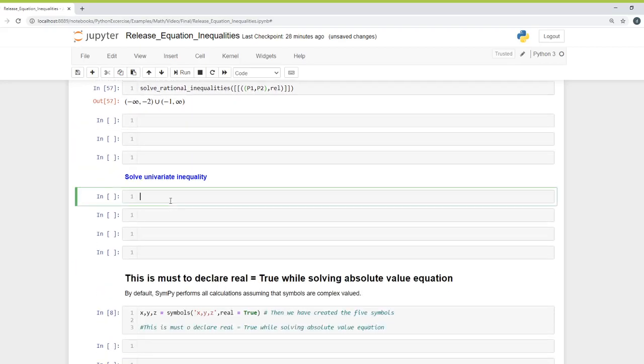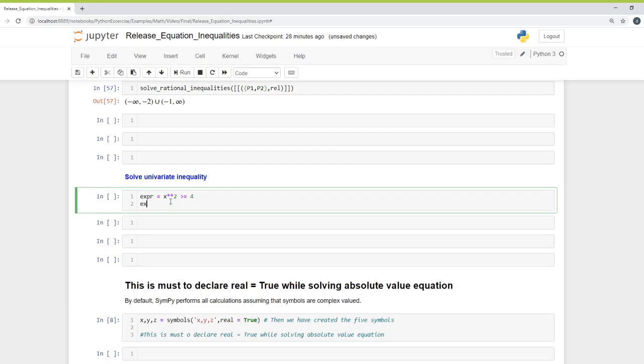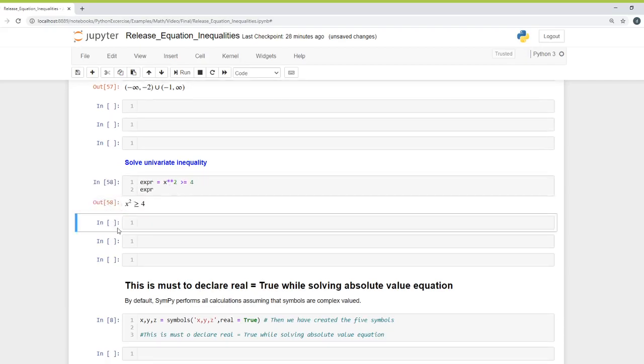Now we will solve a univariate inequality. Let's take the example of a univariate inequality. Our expression is x square greater than equal to 4.